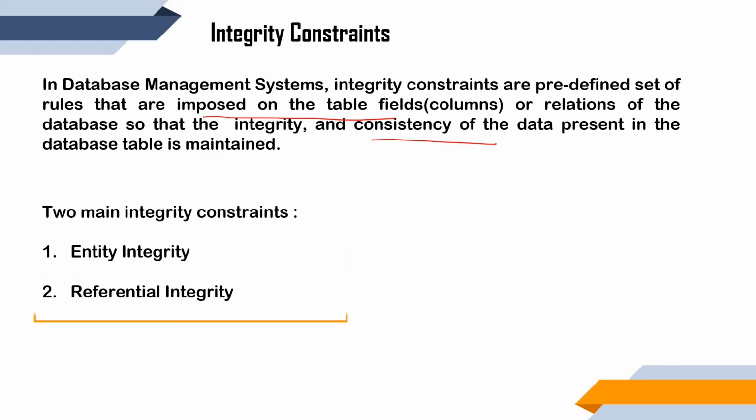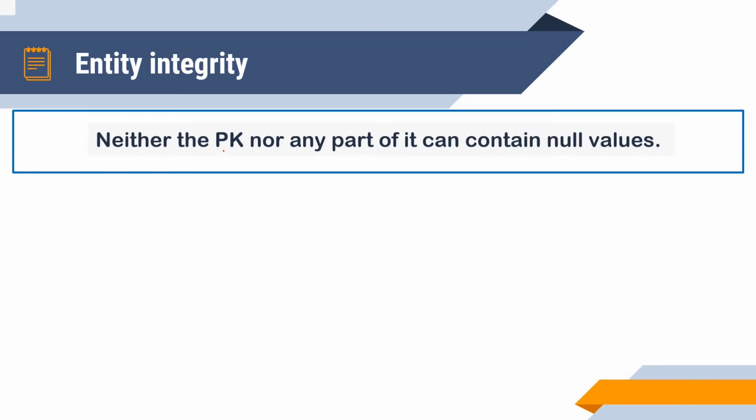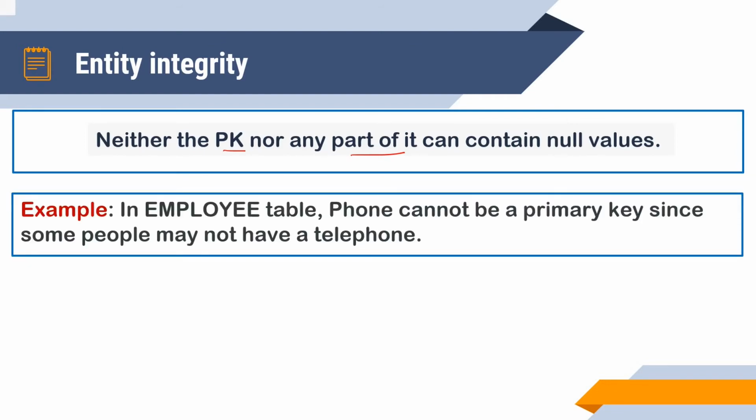Now, what do we mean by entity integrity? The entity integrity rule says that neither the primary key nor any part of it can contain null values. For example, suppose in the employee table, since primary key cannot be null, I should not choose phone number as the primary key, because some people may not have a telephone number, isn't it?